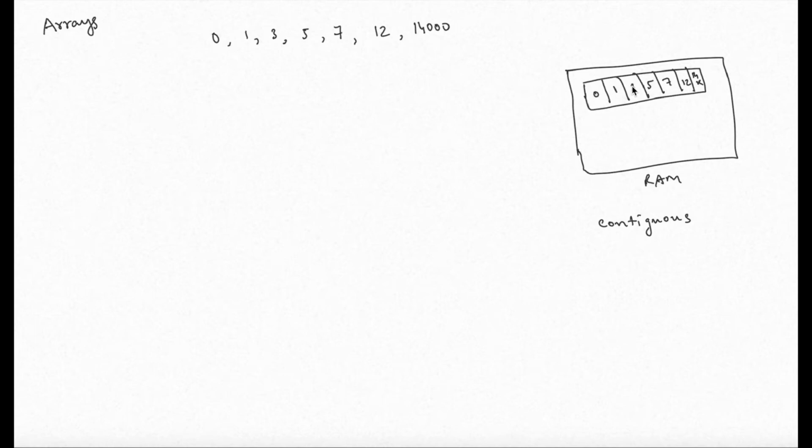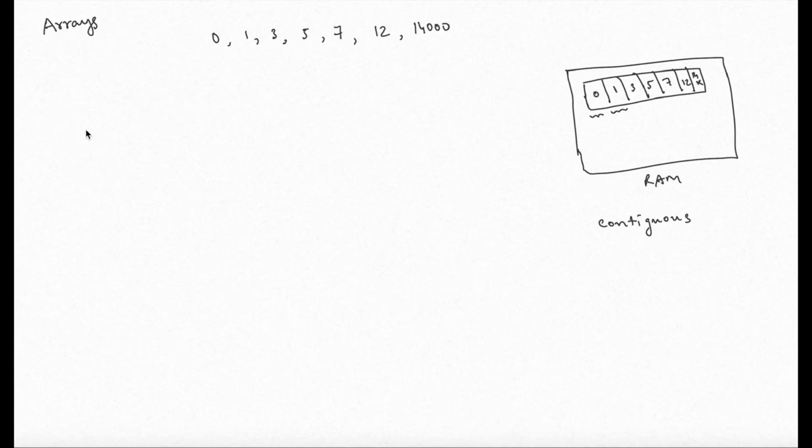The very next memory location 3 would be stored. Of course, these memory locations can be larger or smaller based on how large the number itself is, but ultimately wherever 0 would end, 1 would start, and that is what we mean by contiguous. So this is how an array is stored in memory.